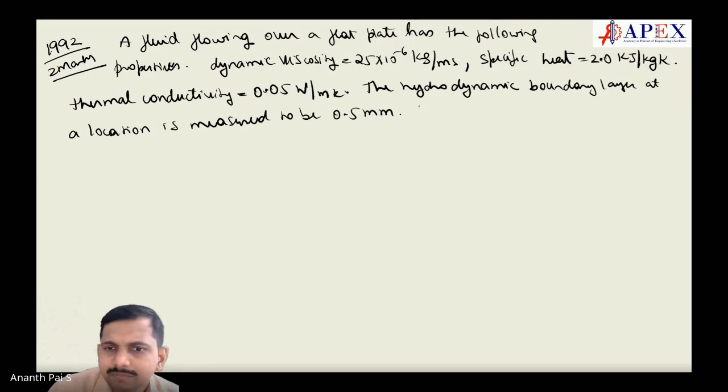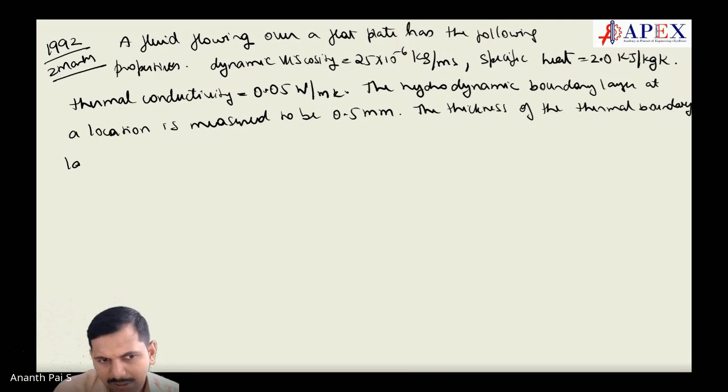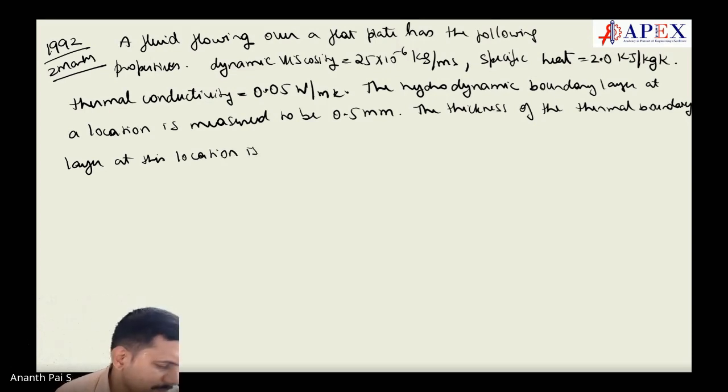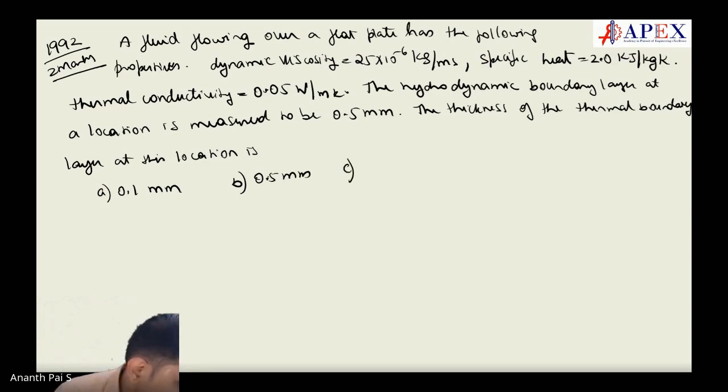The thickness of the thermal boundary layer at this location is: A, 0.1 mm; B, 0.5 mm; C, 1 mm; and D, none of these.